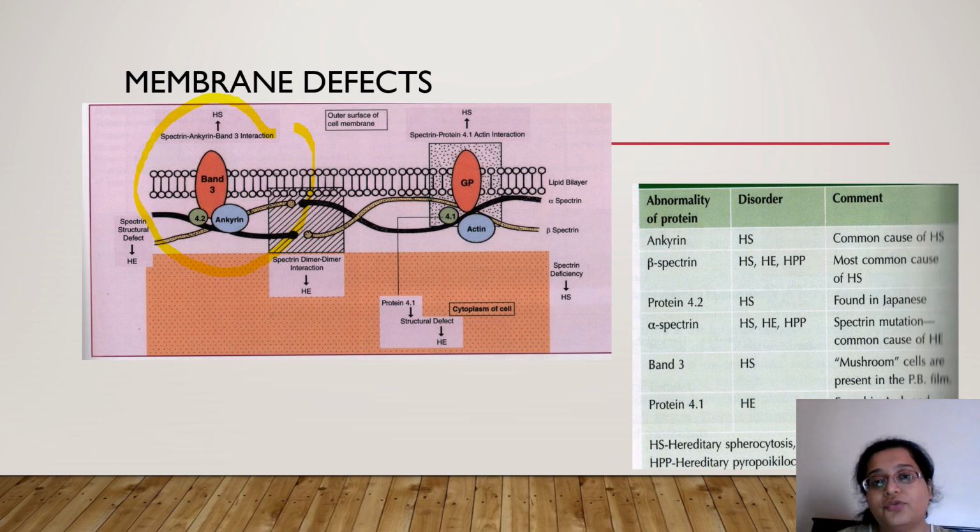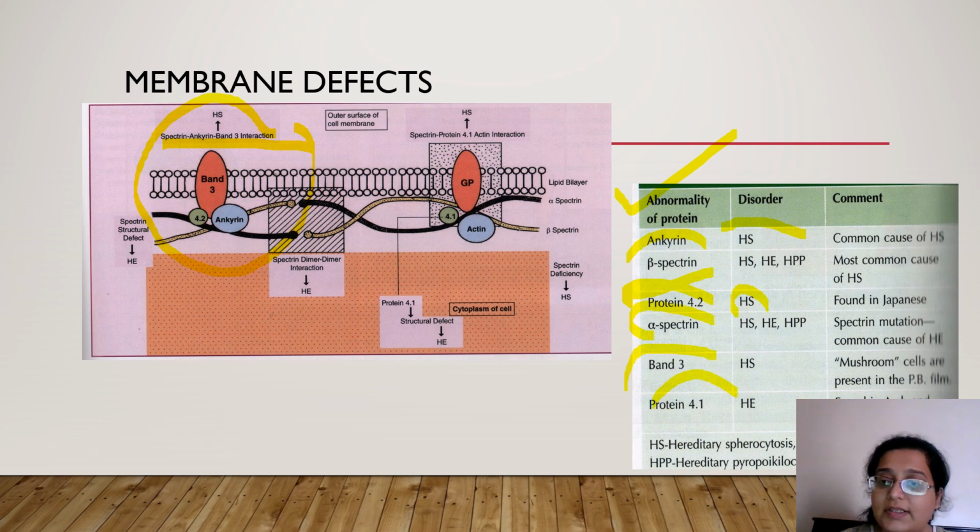And the second thing you should know is this chart. Ankyrin abnormality is seen in HS. Beta spectrin, you can look for beta spectrin. Spectrin and Ankyrin, Band 3, leads to HS, HE. What happens with protein 4.2? Alpha spectrin, Band 3, 4.1. You should know this and what kind of anemia it leads to.